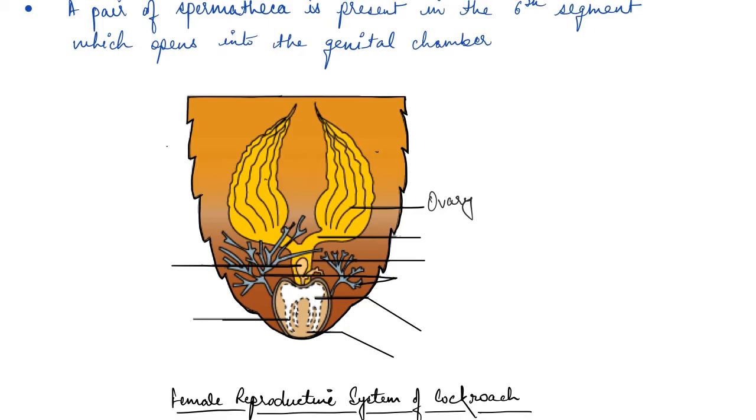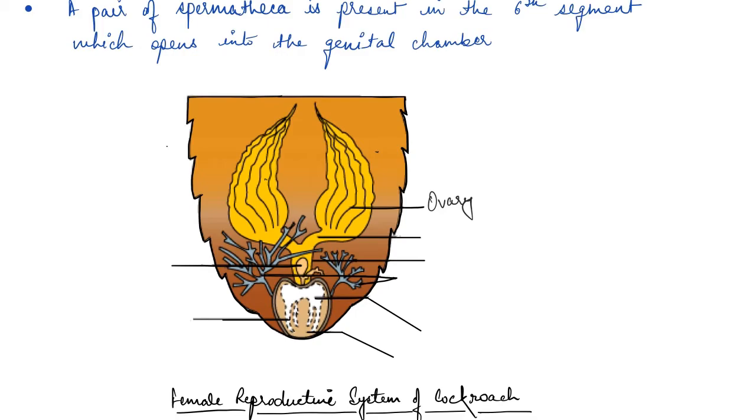Now each ovary is formed by a group of 8 ovarian tubules, also known as ovarioles, right? Now that contains a chain of developing ova or eggs, right?